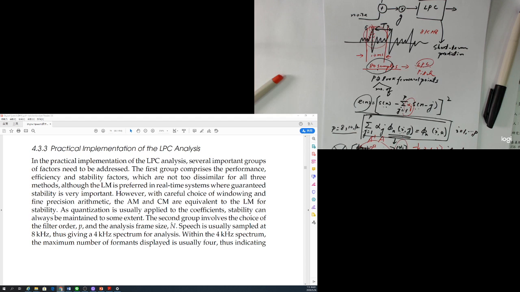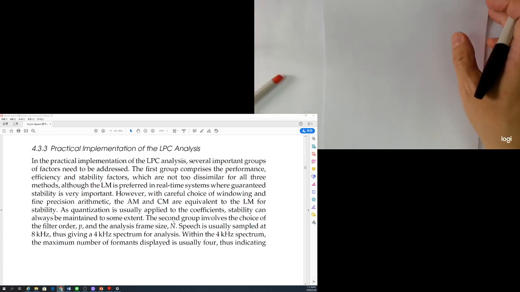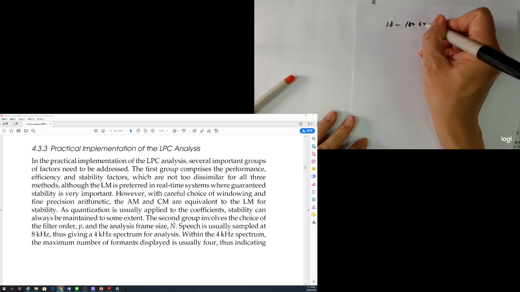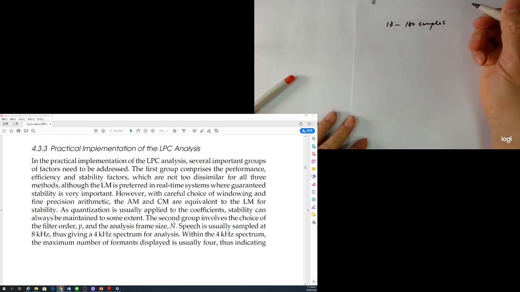So the frame size depends on the hope to cover one, two or three pitch periods. Human pitch period, according to your textbook, is around 18 to 116 samples, under an 8 kilohertz sampling rate.